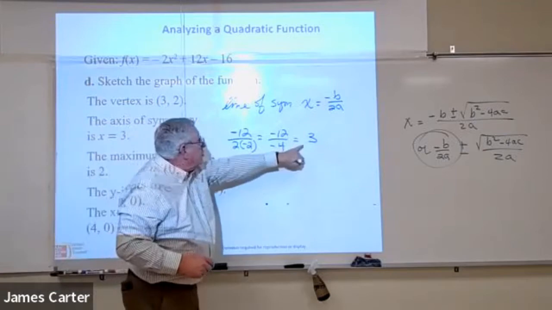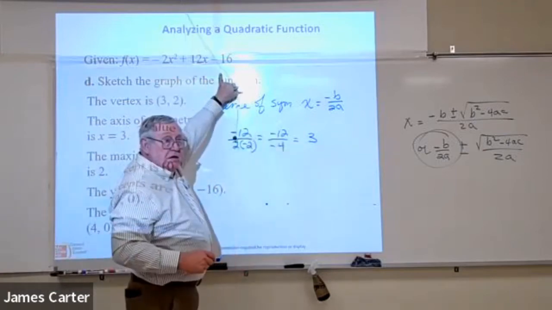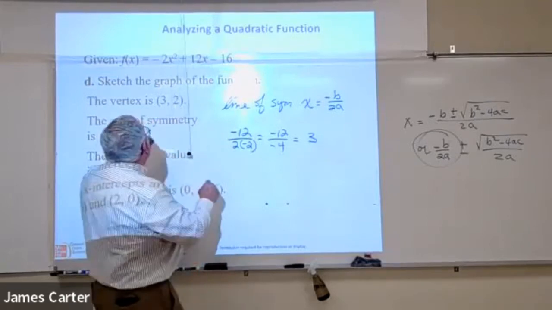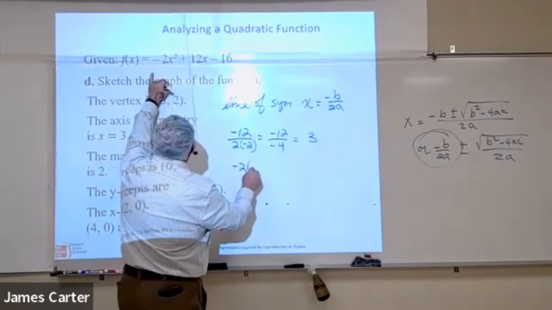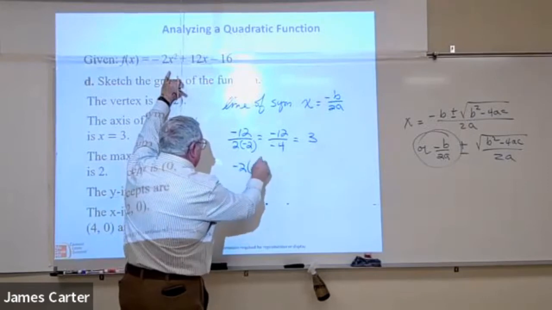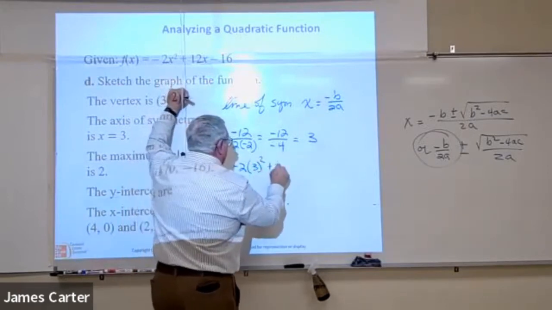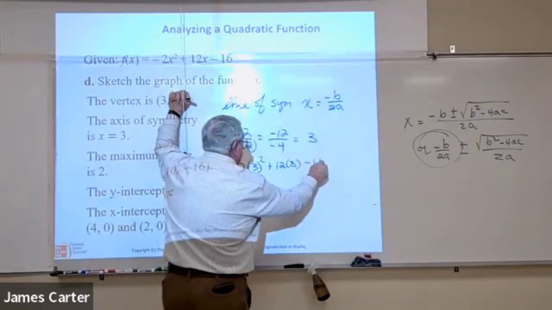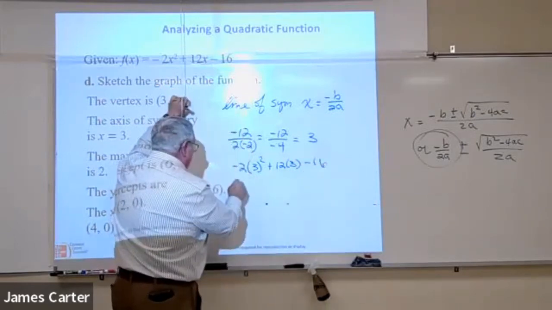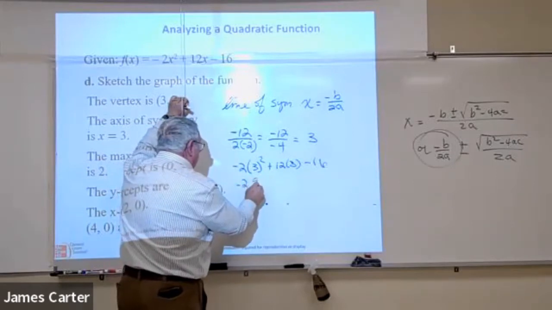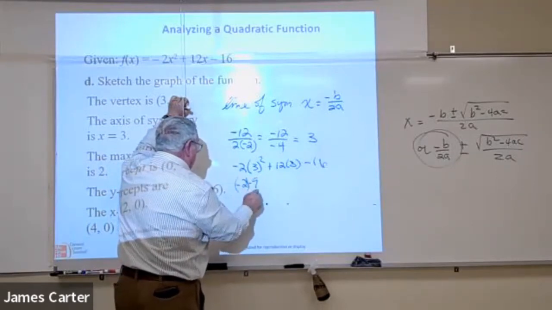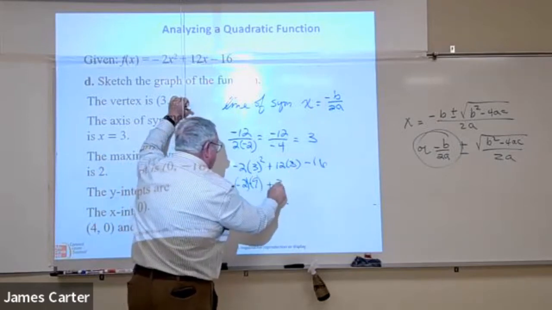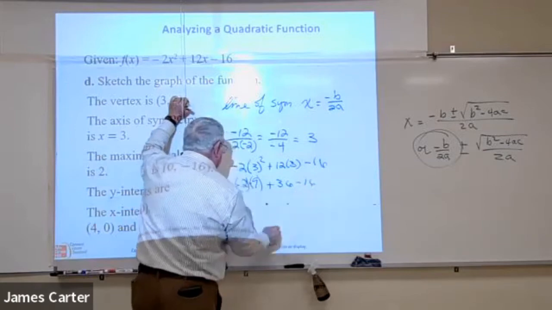Then I'm going to take this 3 and sub it in to get the y value. -2 times 3 squared plus 12 times 3 minus 16. Okay, -2 times 9 plus 3 times 12 is 36 minus 16.